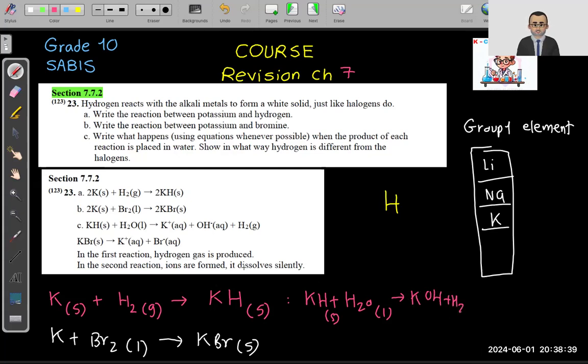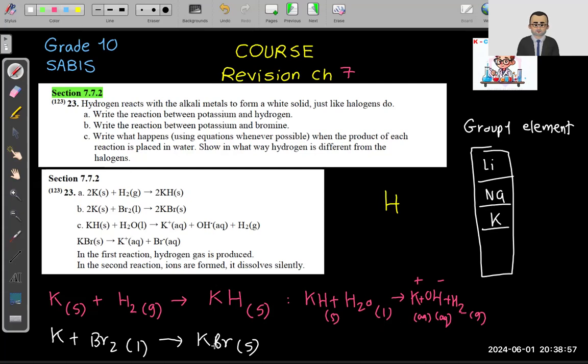And last time we said that any ionic compound will break down into two ions, so it will be K+ and OH-. And the hydrogen is gas. This is soluble in water, so it's aqueous. I have to memorize the equation with all the physical states.